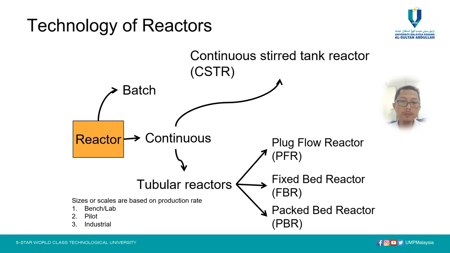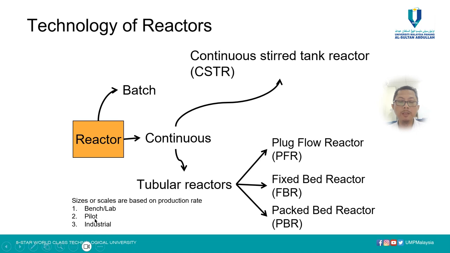The size of the reactor can be bench scale, where we just use glassware like beaker or flask to run the reaction in the lab. So the size is probably around 50 milliliter to 5 liter. For pilot scale, it will be between 5 liter to 50 liter.